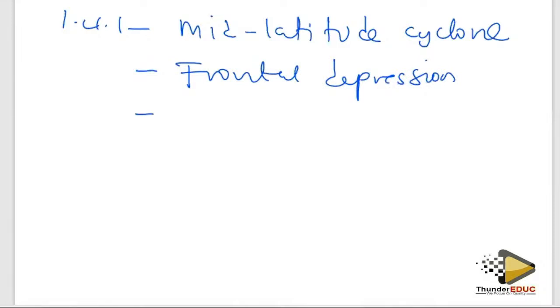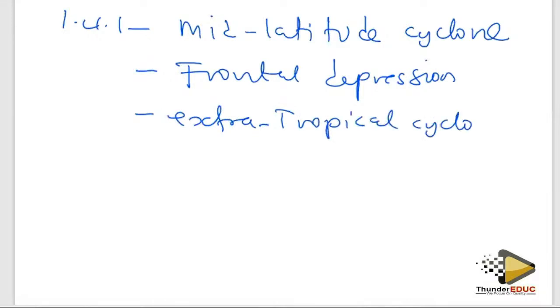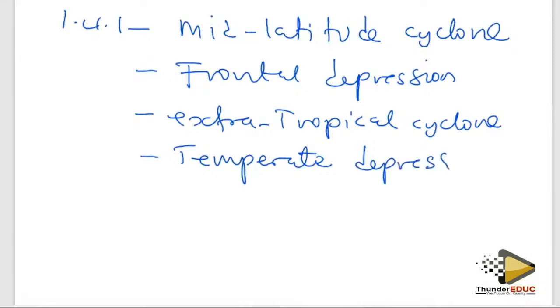It can as well be called extratropical cyclone or a temperate depression. So all these names mean the same thing. They all refer to a mid-latitude cyclone, right?